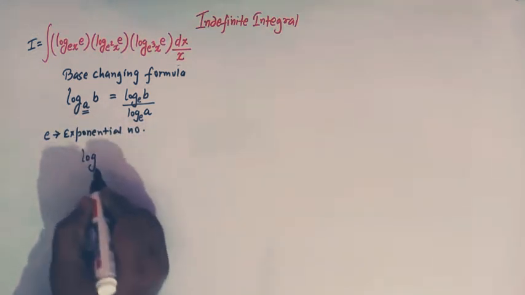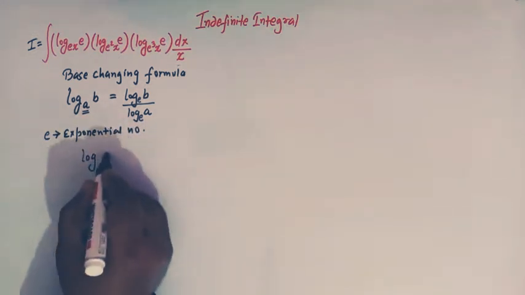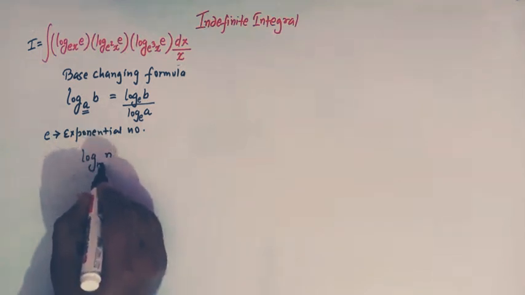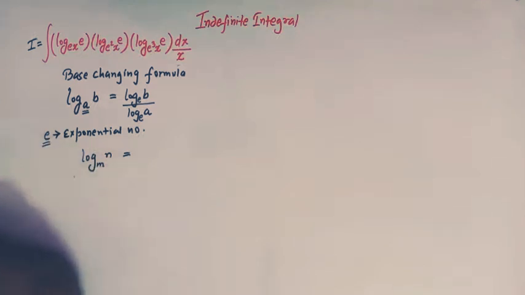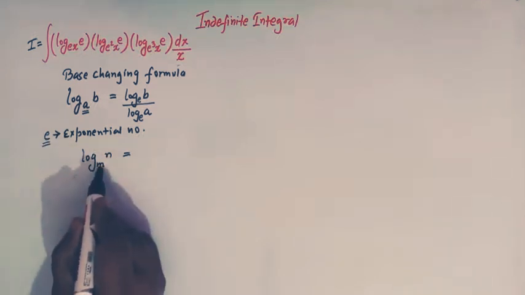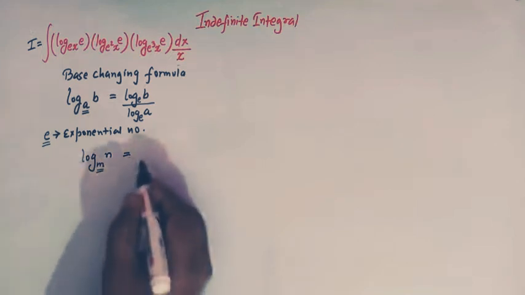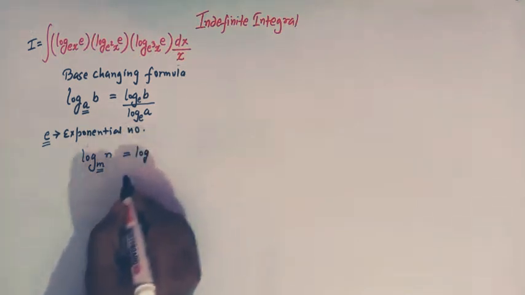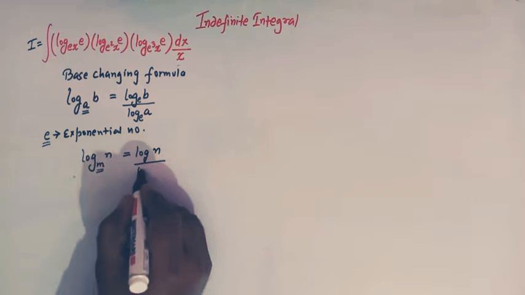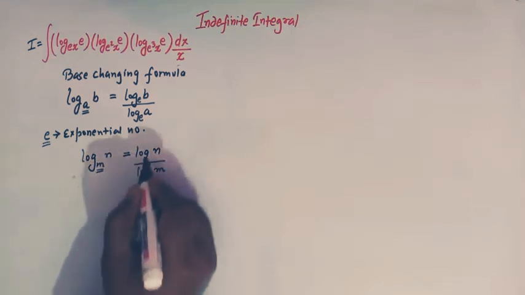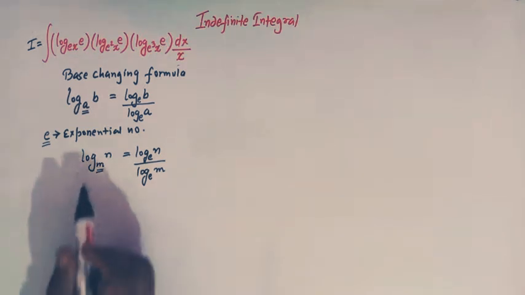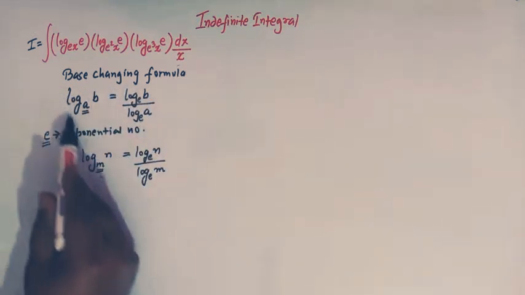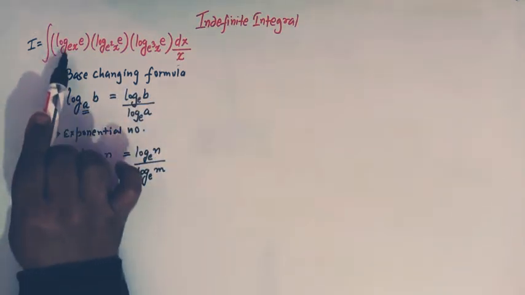See, if we have say log of n to the base m, now we want to change it to the base e, right? We want to change this base m to e. So we'll write simply log n, then divided by log m, and we'll put here the base e, right?